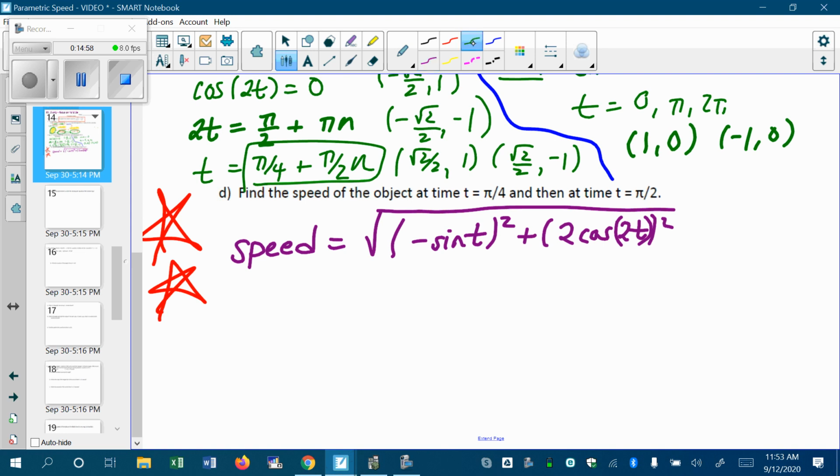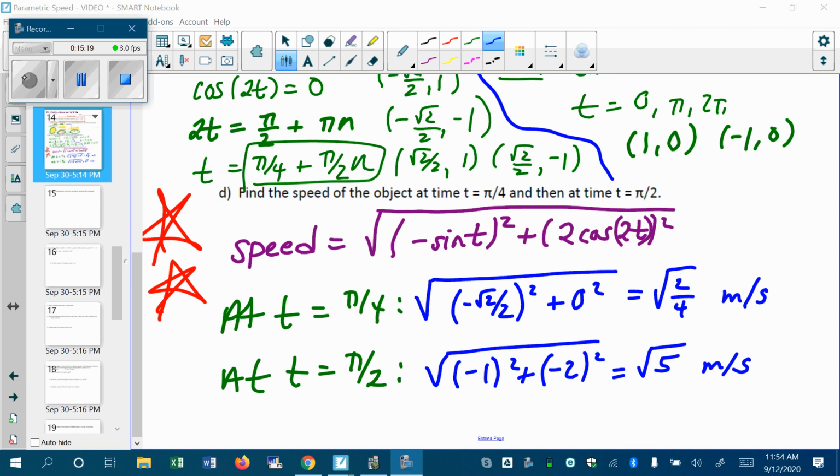So if I want speed at a particular time, it's again a plug and chug. See, this is actually not that bad of a lesson. I'm just saying, it's really a formula. Okay, so I'd evaluate this at pi over 4. I'd evaluate this at pi over 2. Okay, so substituting in would give me the square root of a half or the square root of 2 over 2, something like that, meters per second, depending how you wrote it.